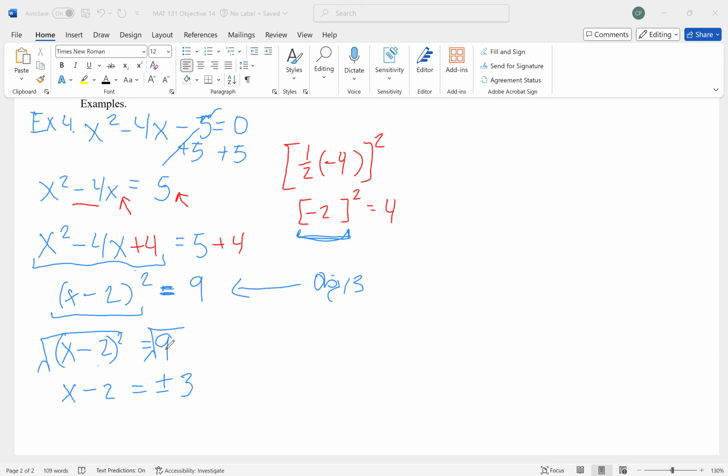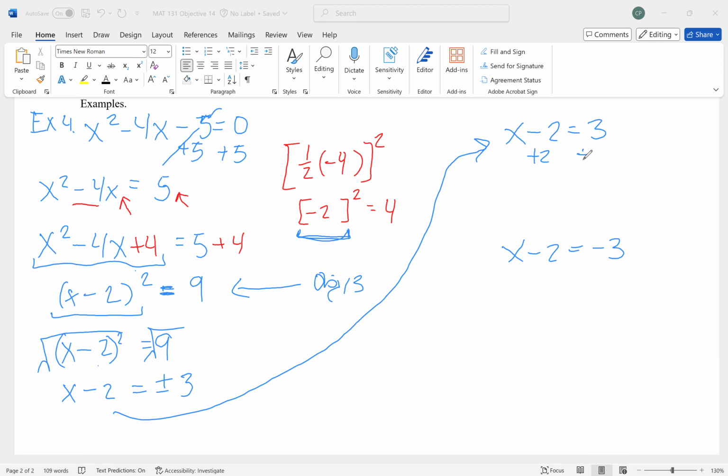That means we're going to have to break this up into our two separate problems. So let's come over here with that. So we got x minus 2 equals 3 and x minus 2 equals negative 3. For both of these, we are going to have to add 2 to both sides.